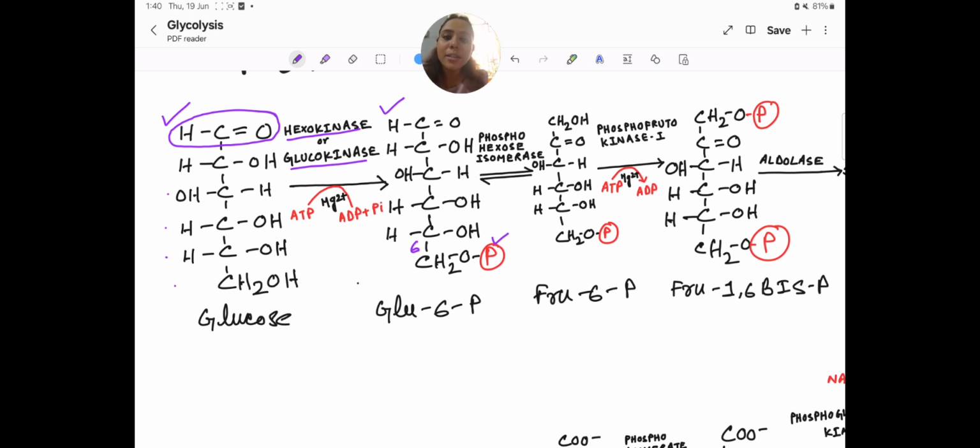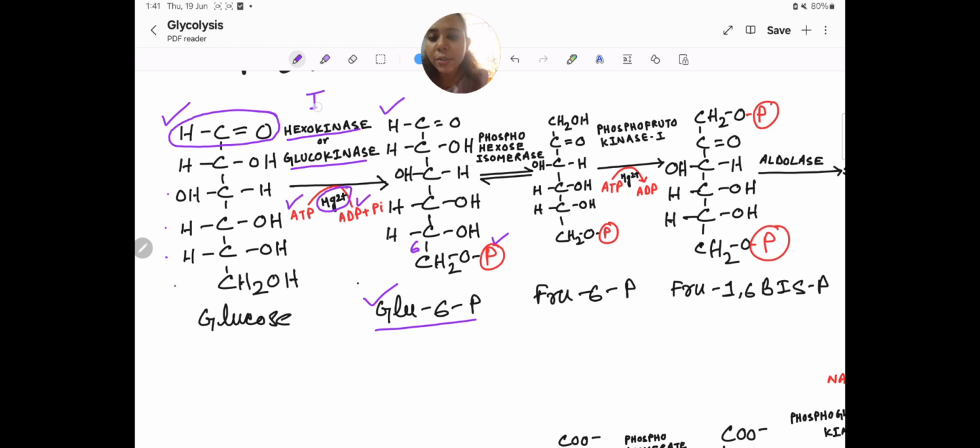And I have said that there is energy expenditure. So ATP is split into ADP and Pi, and there is another cofactor, that is Mg2+. So what we get is glucose 6-phosphate, only with the addition of a phosphate group in the glucose structure, otherwise the whole structure remains the same.